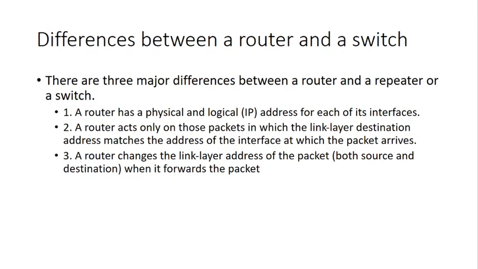And let's see some differences between a router and a switch, or in other words, the advantages that routers have over switches or hubs. First, a router has a physical and logical address for each of its interfaces. And the second is, a router acts only on those packets in which the link layer destination address matches the address of the interface at which the packet arrives.